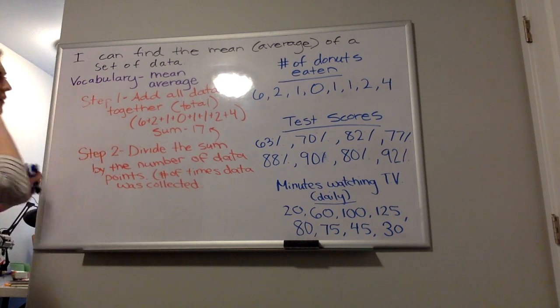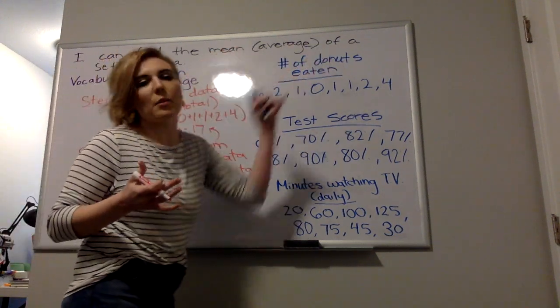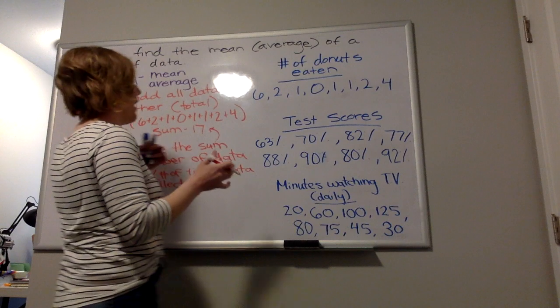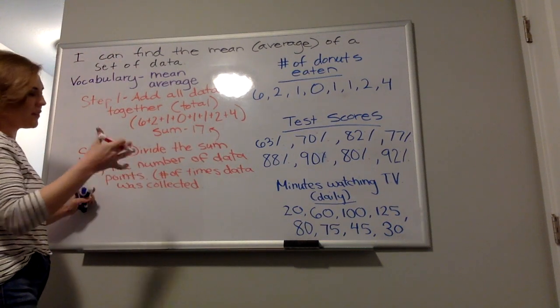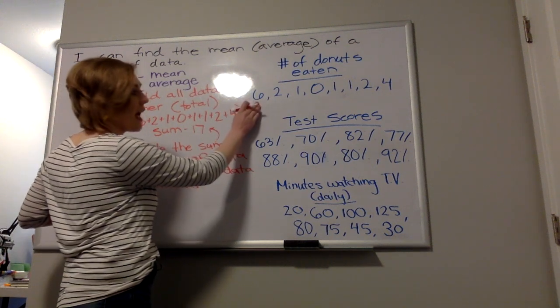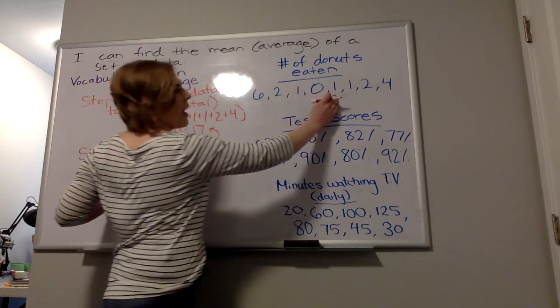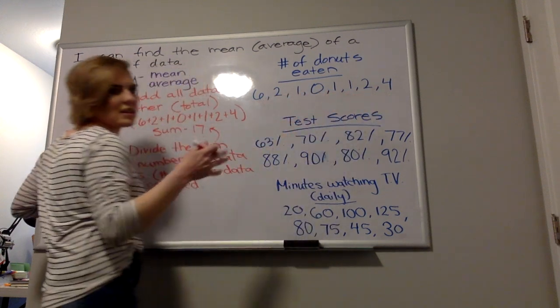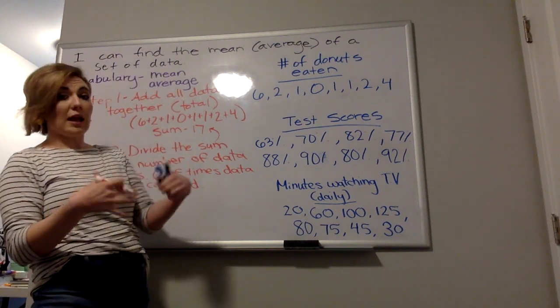Think about it. If I want to see the average amount of donuts eaten at a party, then I'm going to find the sum and then divide it by the number of times the data was collected. Each time that I asked someone, hey, how many donuts did you eat at this party, I'm collecting data.